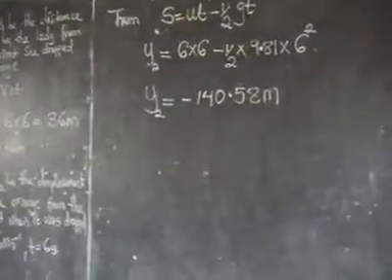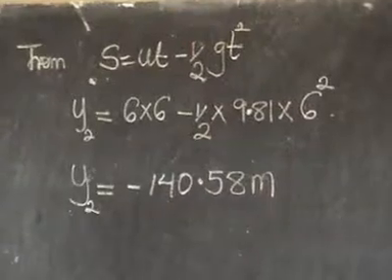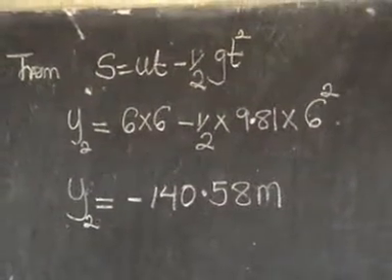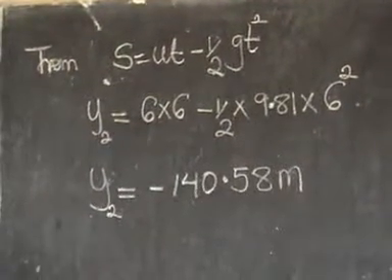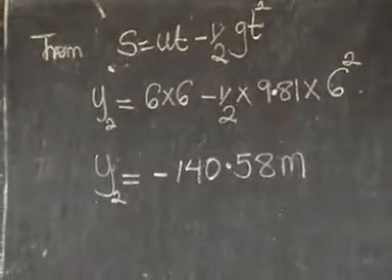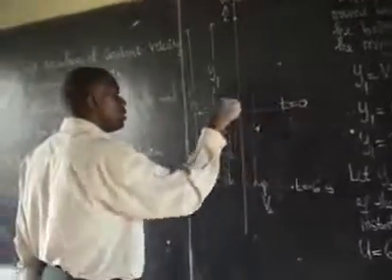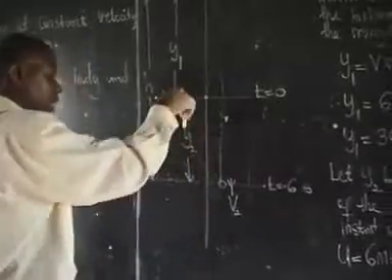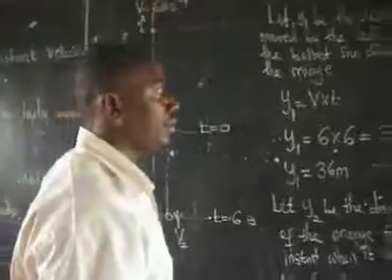Now the impact of that negative is that the orange will now be below the point of projection. Otherwise, if I had got y2 as a positive, then it would mean that it has not yet reached its maximum height. But now the negative means that it is below the point of projection.